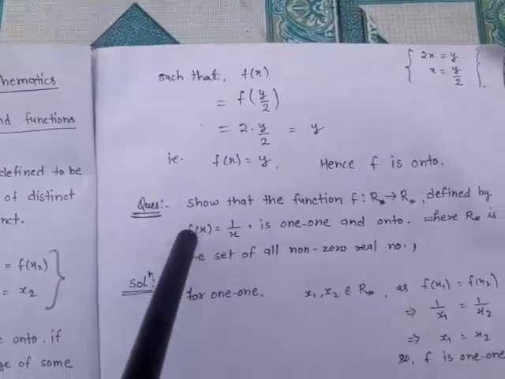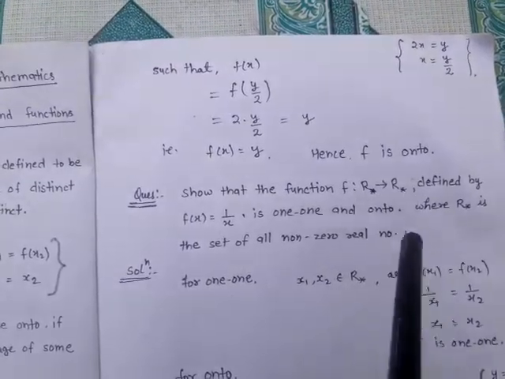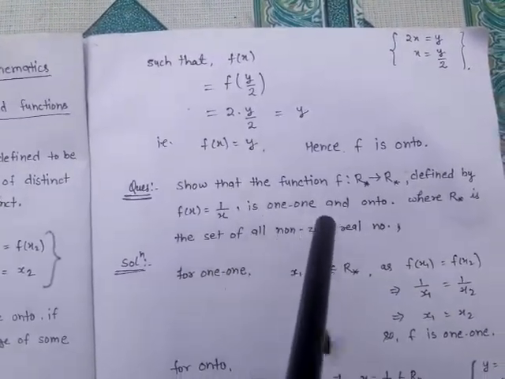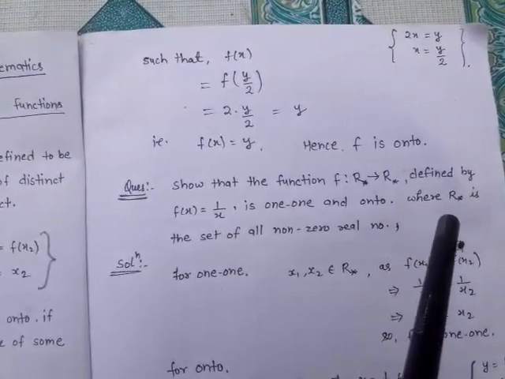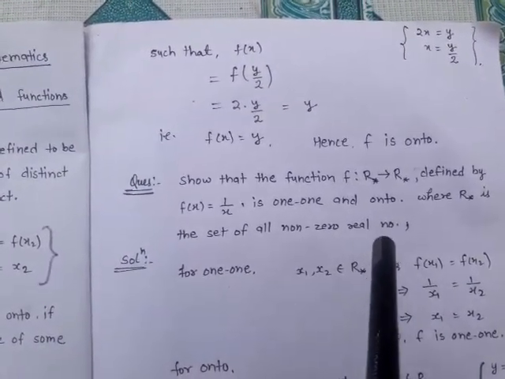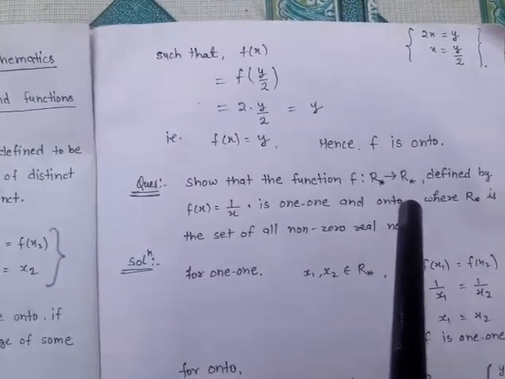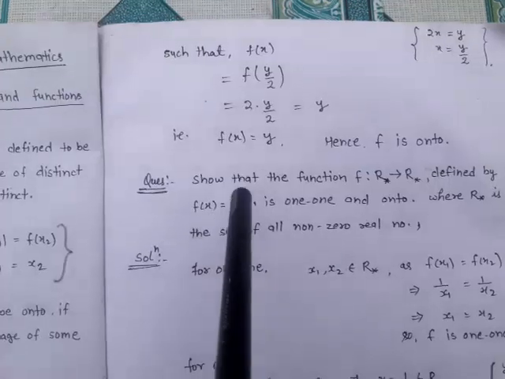Now for the second question: show that the function f: R* → R* defined by f(x) = 1/x is one-one and onto, where R* is the set of all non-zero real numbers. Here the function is defined by f(x) = 1/x.